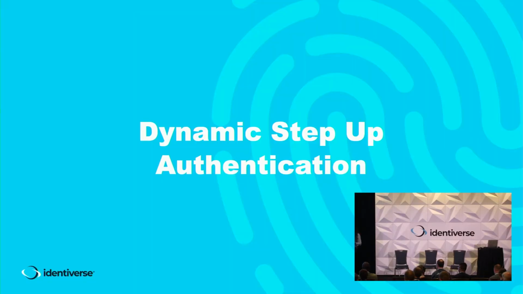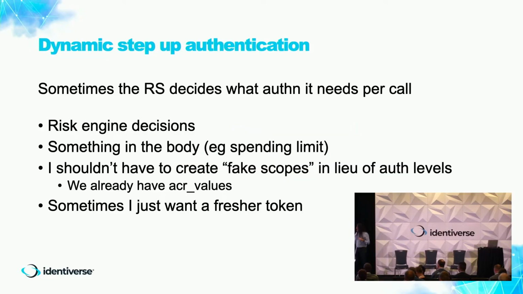OK, so this one was what I call static step-up, because you can predict what will happen without looking at what's actually happening at runtime. But now, when you actually use a real system, and when you buy into zero trust, continuous authentication, all of that stuff, you know that the resource server, the API, can decide at any time for any reason that they don't like that token, no matter what the authorization server thinks about whether that token should be good or not.